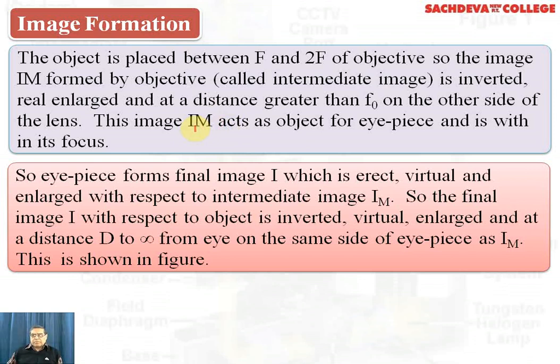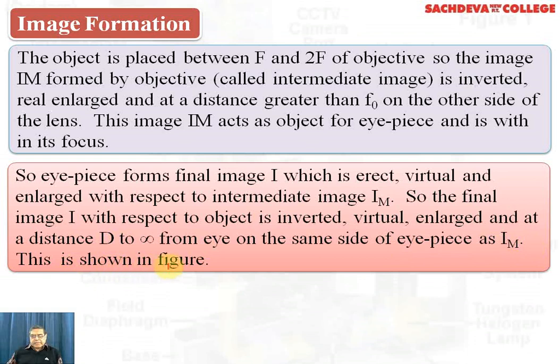The eyepiece forms the final image I, which is erect, virtual and enlarged with respect to the intermediate image. With respect to the object, the final image I is inverted, virtual, enlarged, and at a distance D to infinity from the eye, on the same side of the eyepiece or the ocular.